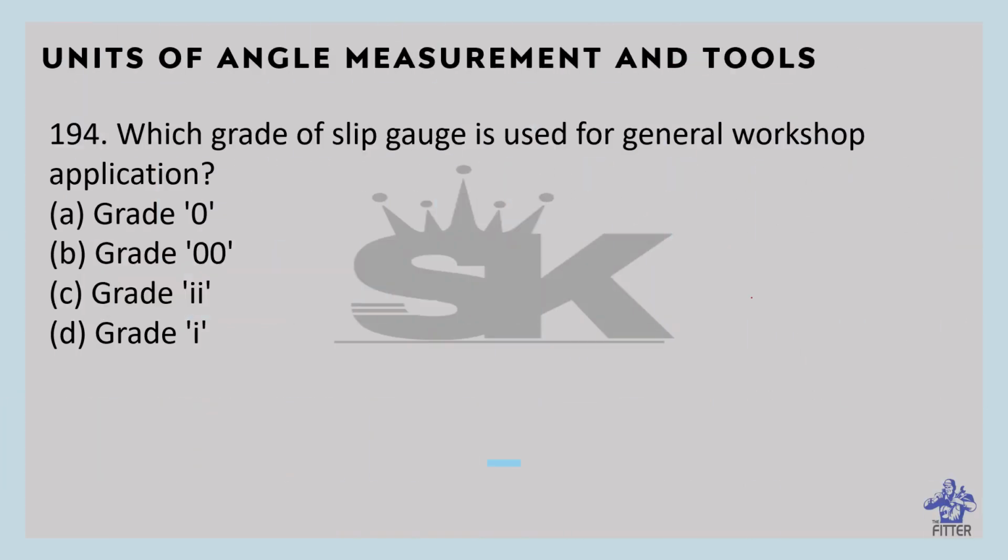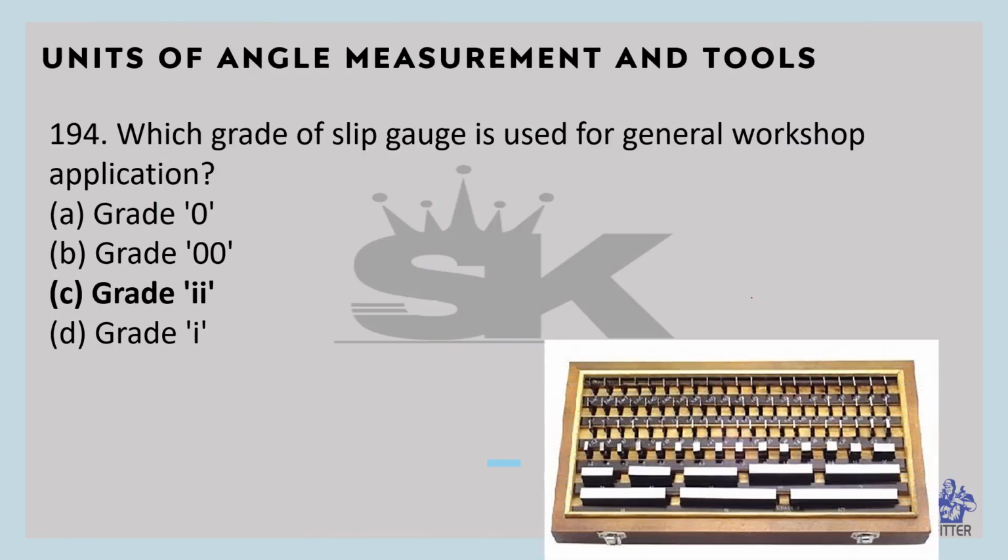Which grade of slip gauge is used for general workshop application? That is grade 2. You can see here in the box different types of gauges. There are 4 grades of slip gauges. The first one is grade 00, second is grade 0, third is grade 1, fourth is grade 2.